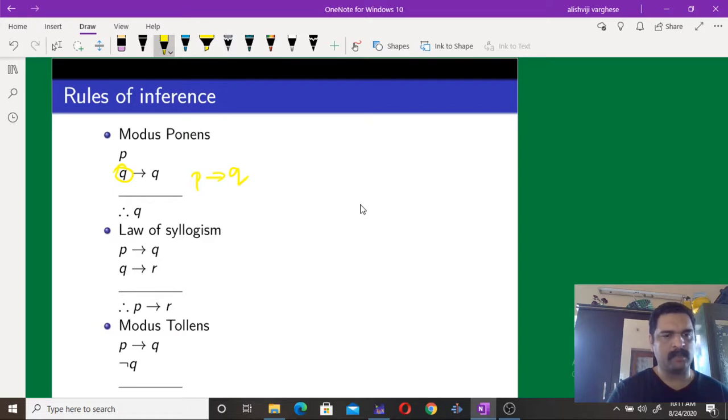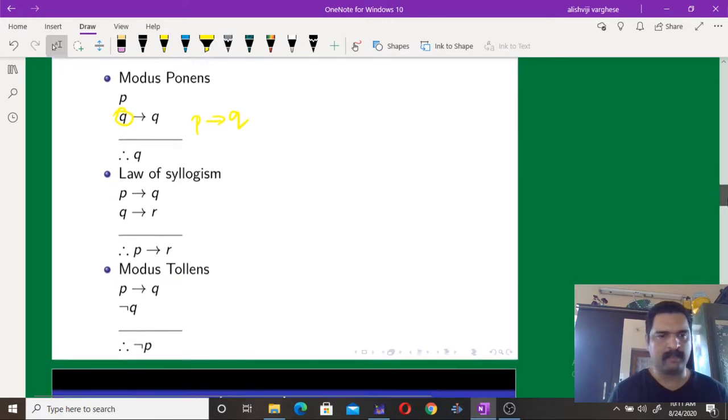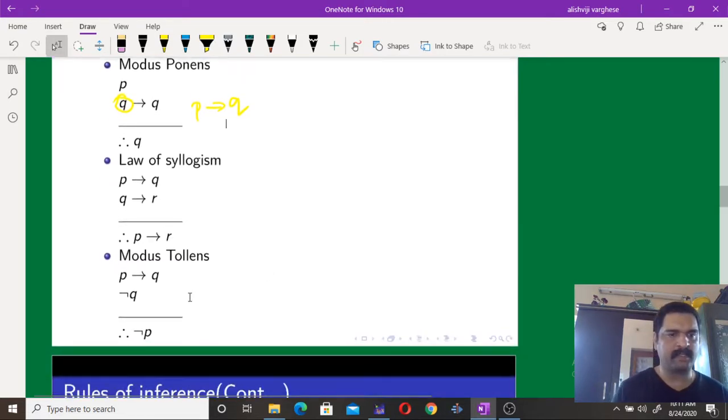P implies Q, negation Q, then we can conclude negation P. P implies Q: if P is true, then Q is true. But we have negation Q, so Q is false. Then obviously we can conclude that P is also false.